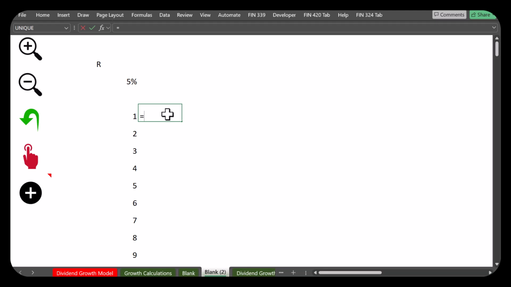And I'm going to add up 1 plus 5%, fixed, raised to the power of that year. Of course, I'm going to do 1 over that. First year it's 95 cents. Second year, 90.